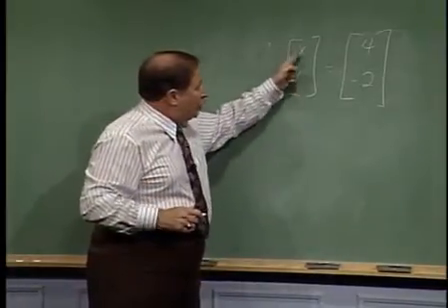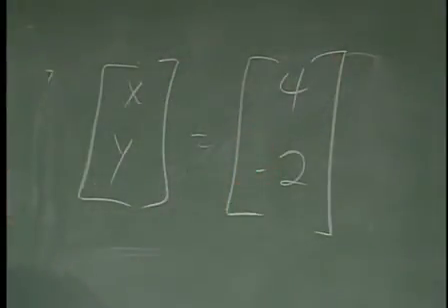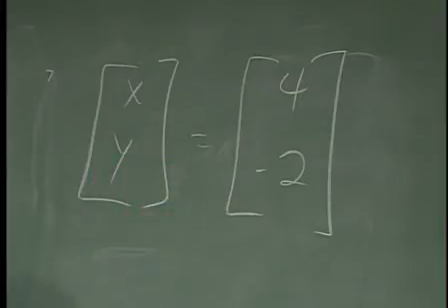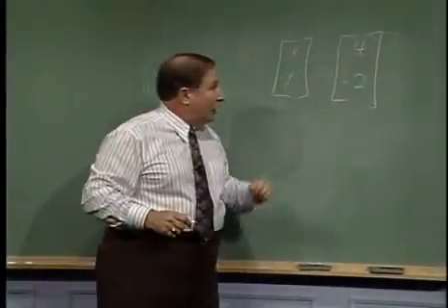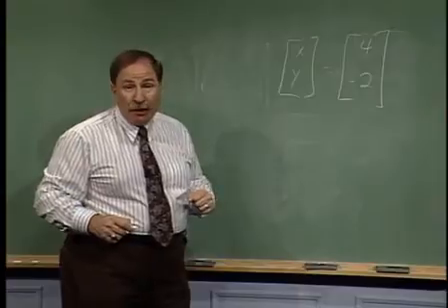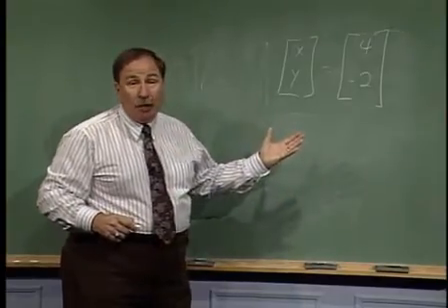It means that each number here is the same as its corresponding number there, which means x equals 4 and y equals negative 2. And if you happen, by some strange circumstance, to remember the answers to all the problems we've done, 4, negative 2 was the answer for xy in that problem we did in lesson 11. Obviously, we can go back and check in the original problem, and it will work.